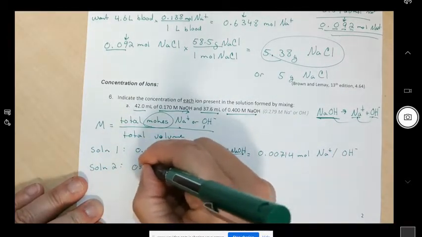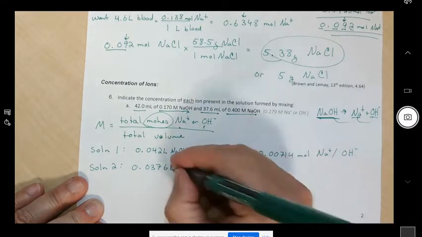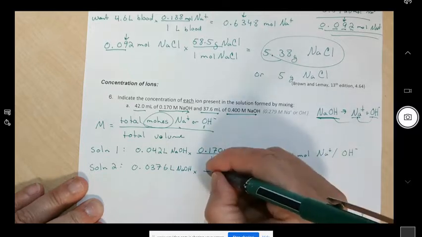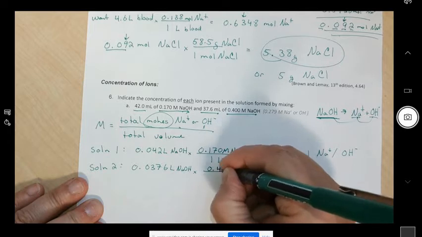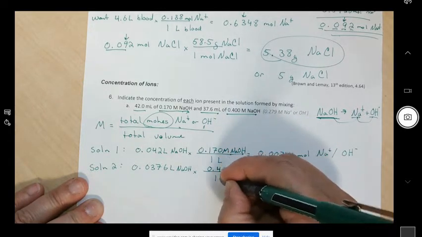So for solution 2, I've got 0.0376 liters of sodium hydroxide. And this time I have a higher concentration, 0.400 moles of NaOH per liter.